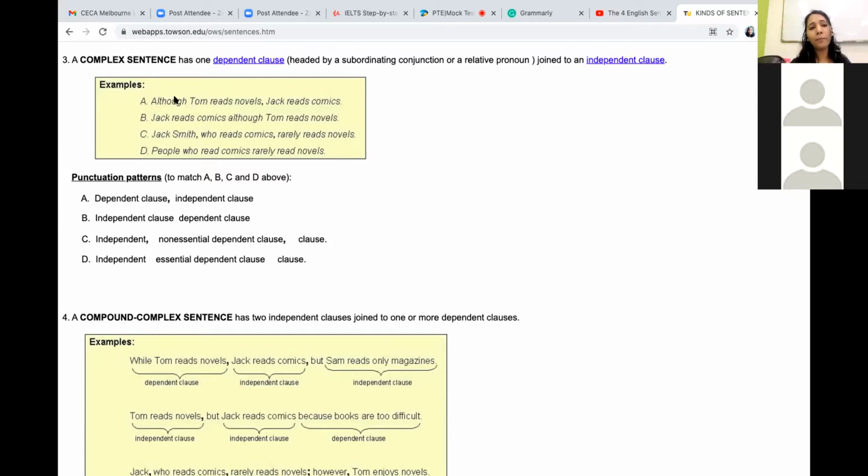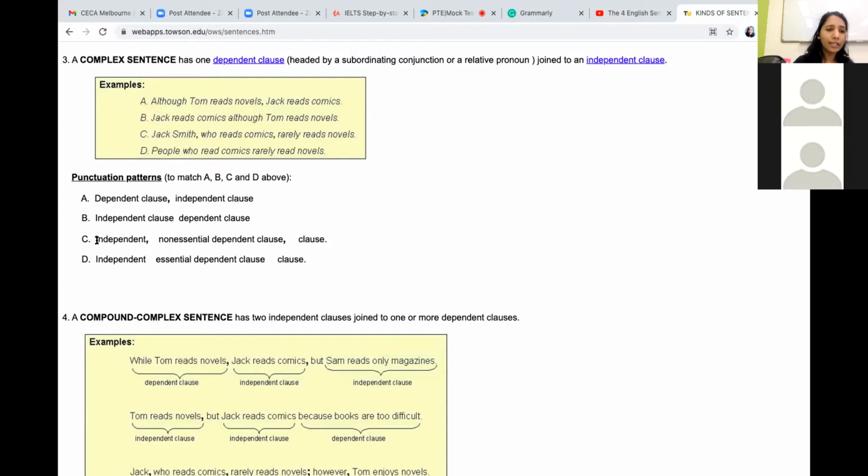So for your complex sentence, one way is to start off with your cohesive device, or you put your cohesive device in between two independent sentences, or you put the subject, a comma, then a relative pronoun, who reads comics and then rarely reads novels.